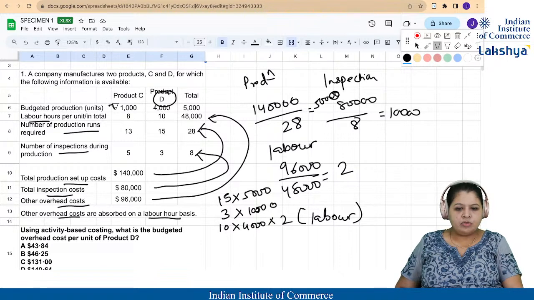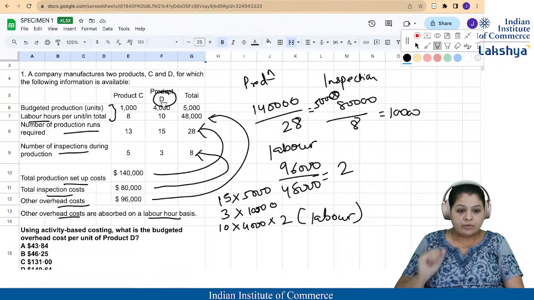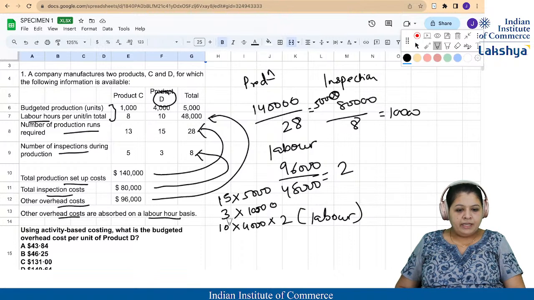Just read these two sentences carefully. Labor hours per unit, right? And budgeted production in unit. So labor hour per unit is 10 and budgeted production is 4,000. So 10 into 4,000 will give me my total labor hours, which is 40,000, right? And then 10 into 4, that is what I do. And then you multiply that by 2 because that is your overhead, which is absorbed on labor hour basis.